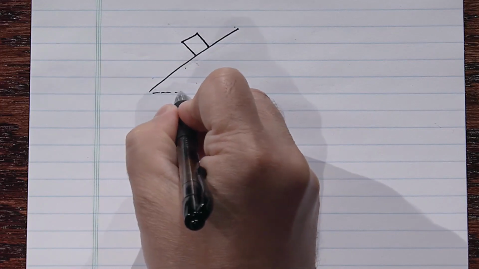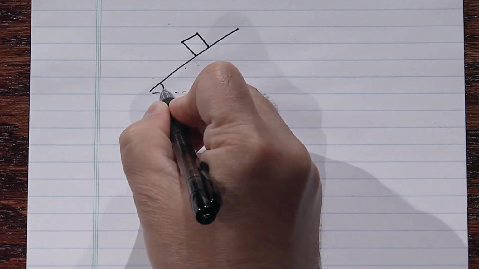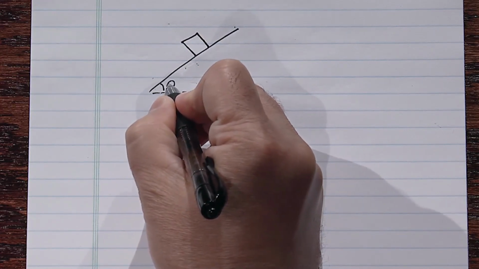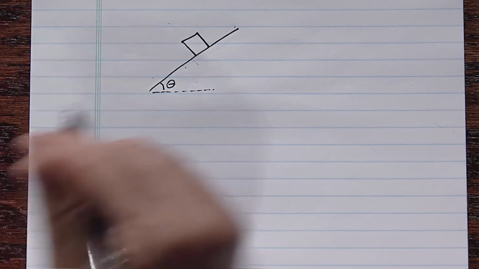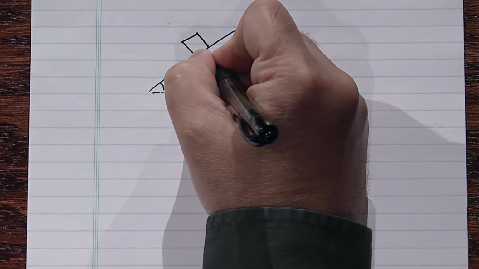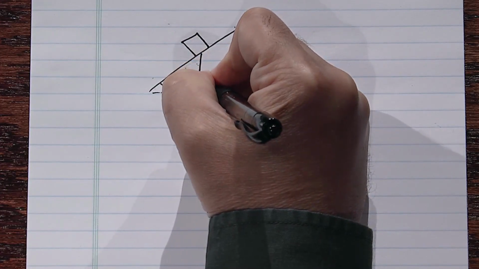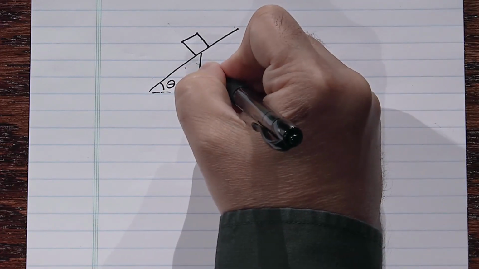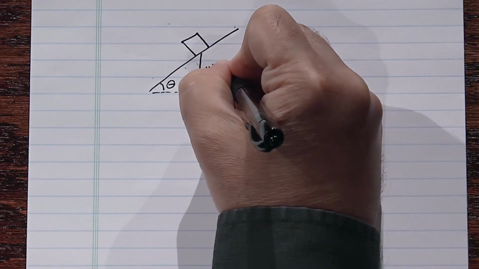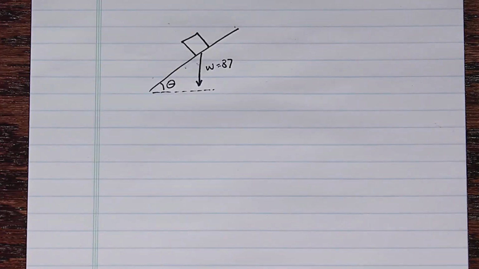We're tilting it to some angle theta, which we don't know. What are our forces acting on the box? Well, we know that we have the weight of the computer, and we know that weight goes straight down. And we were told that weight is equal to 87 newtons.